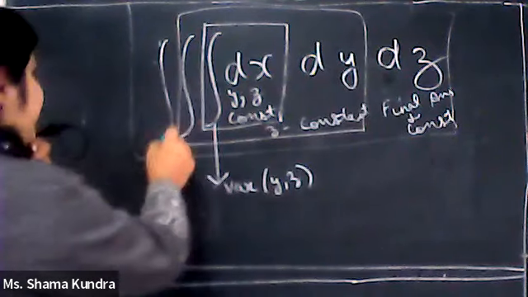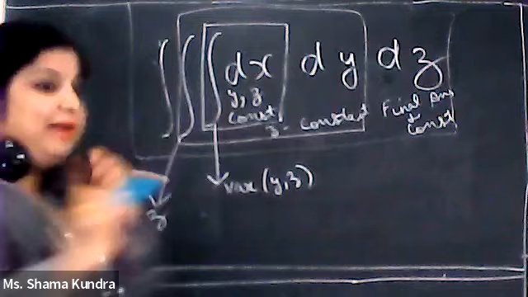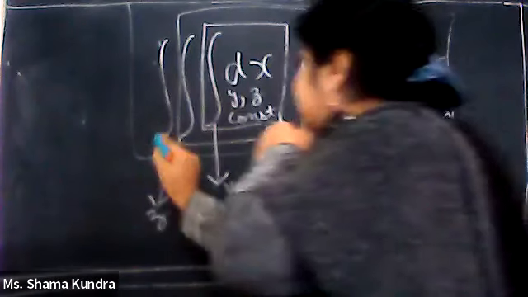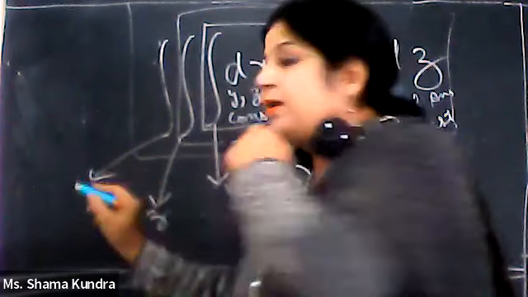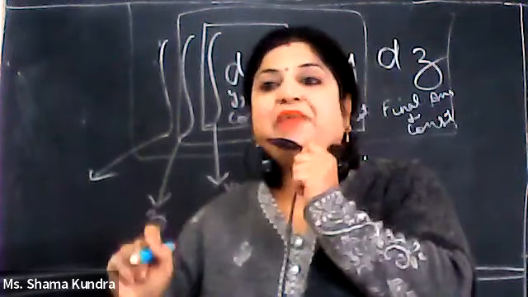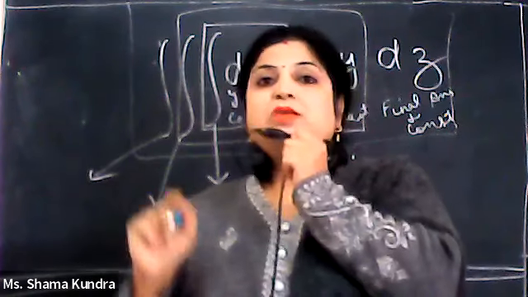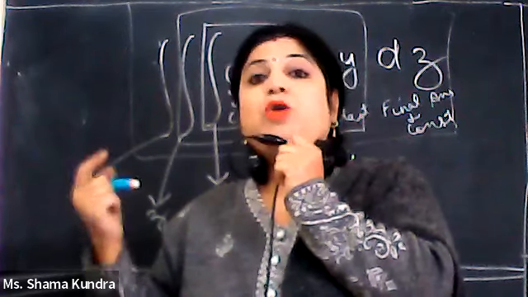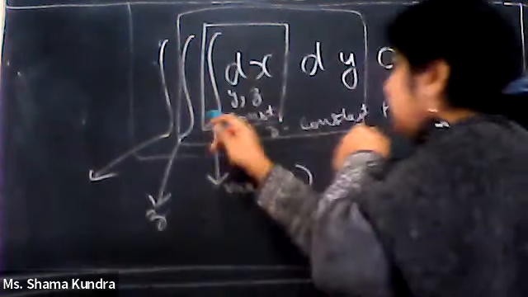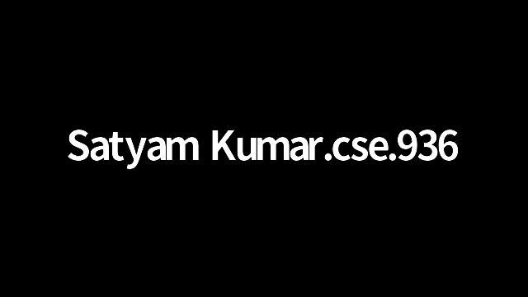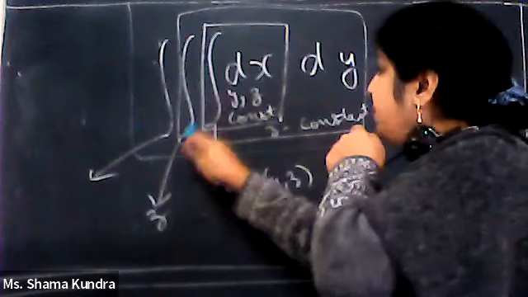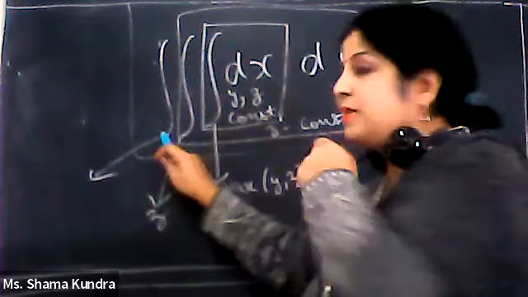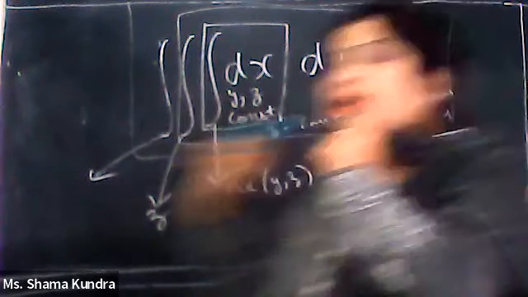And with respect to z, when we integrate with respect to z, this limit must always be constant, so that we get a constant answer. This limit is with the first variable, this limit is with the second variable, this limit is with the third variable.